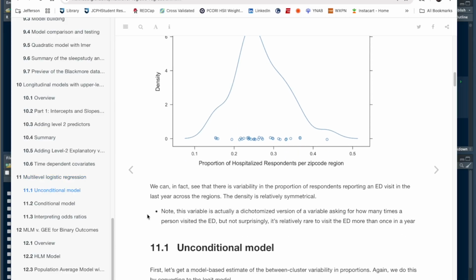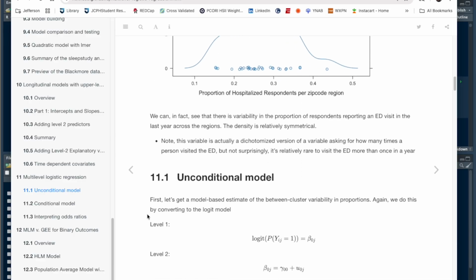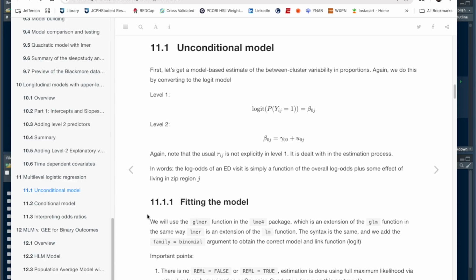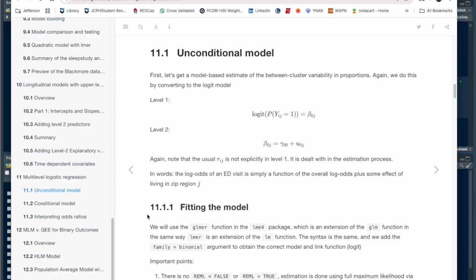Okay, so let's start by looking at the unconditional model. Because this is essentially logistic regression, the linear part of the model is the logit function, if you remember. So logit is the log of the odds of the event.